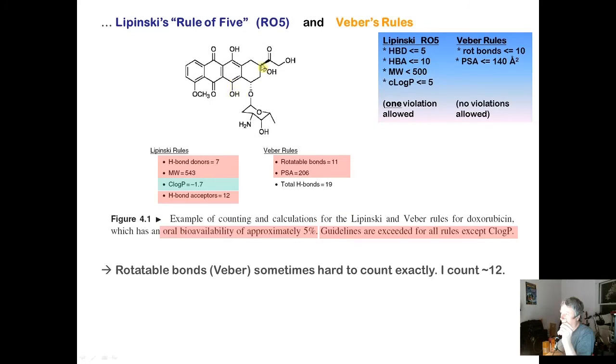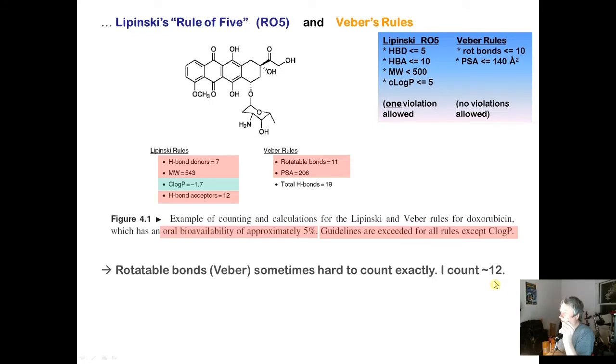Then we have this one, 5, 6, 7. And then we have carbon to oxygen here, that's 8. Then we have 9, carbon to oxygen. 10 is oxygen to carbon. 11 is nitrogen to carbon. 12 and 13. I think I'm getting 13 now.